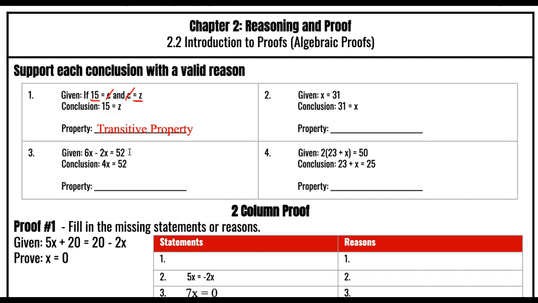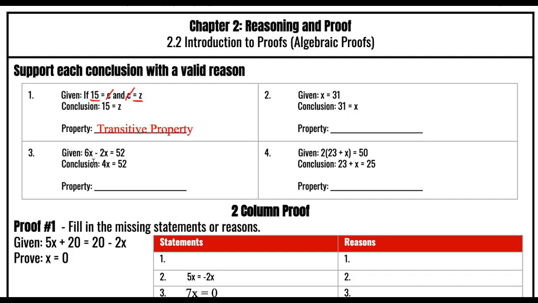So if one side of the equation stays the same, then we know it's not going to be addition property, subtraction, multiplication, or division, because those four properties require you to make changes on both sides of the equal sign. But 52 stayed the same. So what changed? Well, 6x minus 2x became 4x.